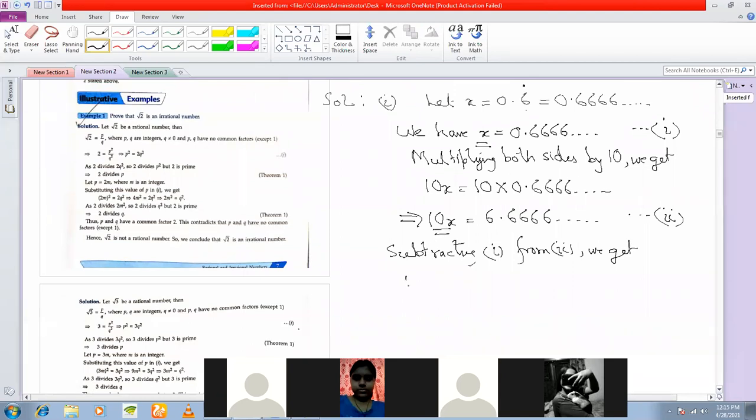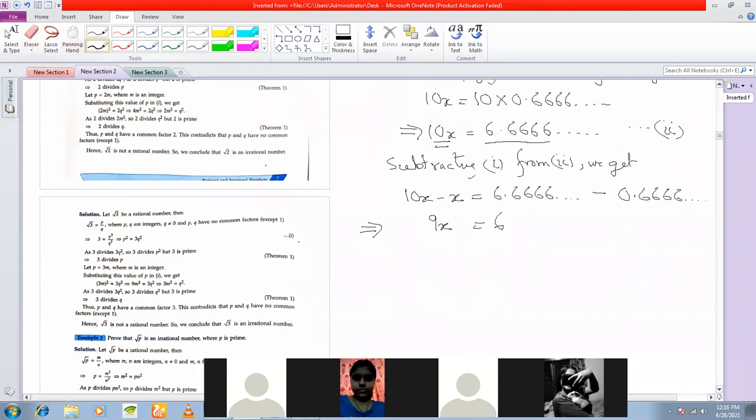On this side you have 10x minus x. On the other side you have 6.6666 and so on, minus 0.6666 and so on. On the left hand side, 10x minus x is 9x, and 6.666 minus 0.666 will only give you 6, because all the decimal part becomes 0. It will be 6.000 and so on, right?